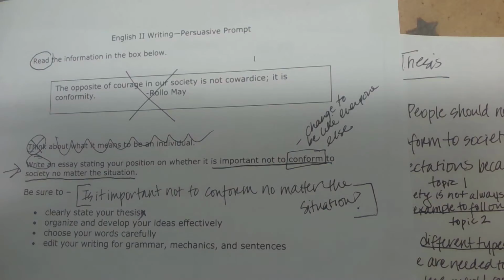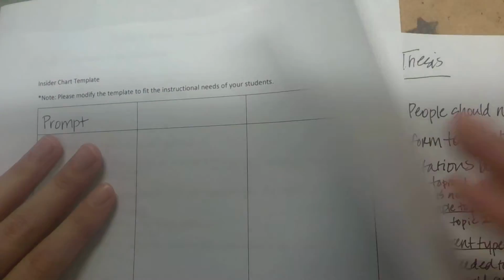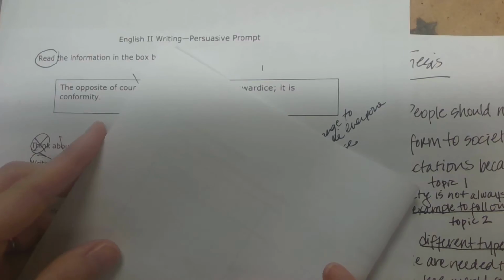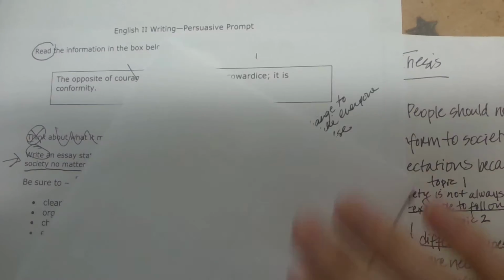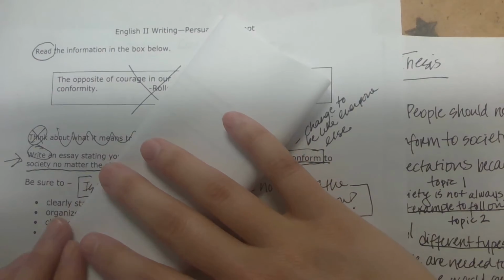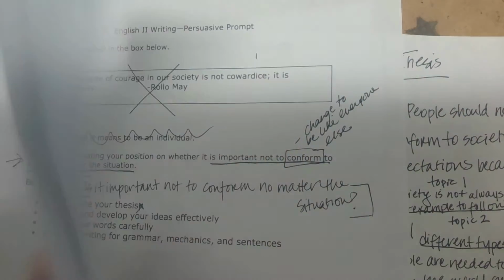So when you have your insider chart, and some of you might have folded the insider chart, some of you might have a graphic organizer that looks like this. So if you folded your insider chart like you would do in your test booklet, you fold it into fours. Okay.